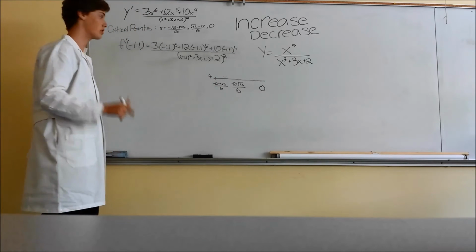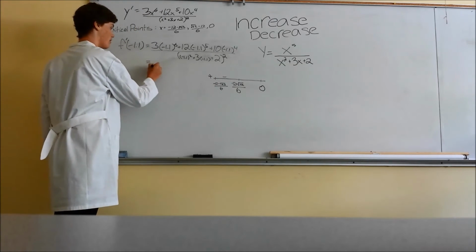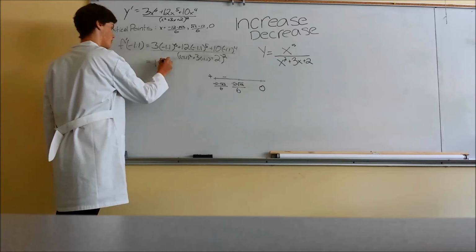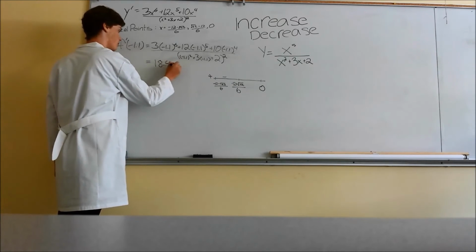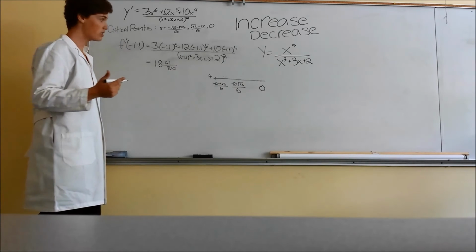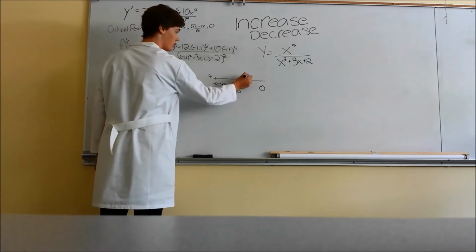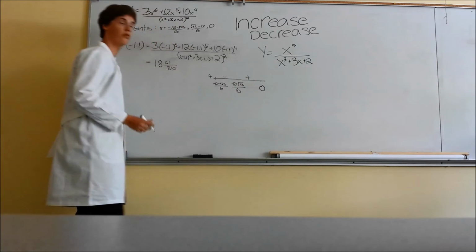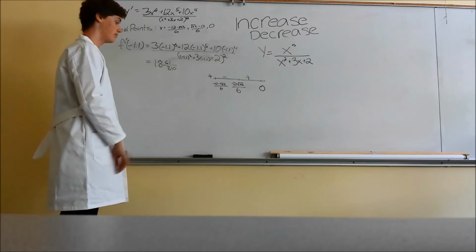And we simplify this equation to attain 18 and 61 over 810. Because this value is positive, we know that our graph is increasing between those two critical points.